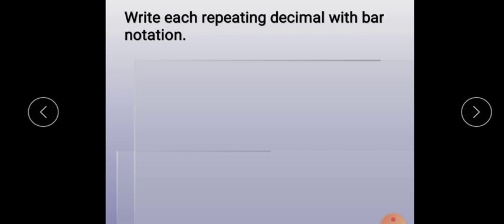Let us try some questions. Write each repeating decimal with bar notation. 7.7777.